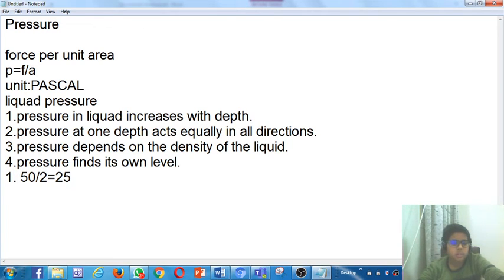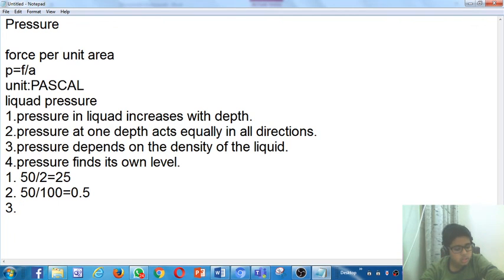Now the second question. The force of 50 remains the same, not every time, but in this question the force is the same: 50 over 100. The answer is 50 divided by 100, which gives us 0.5. Now the third and last question, because time's up.